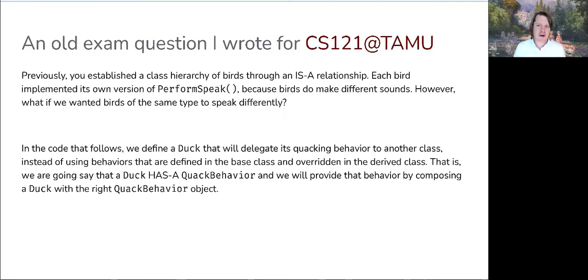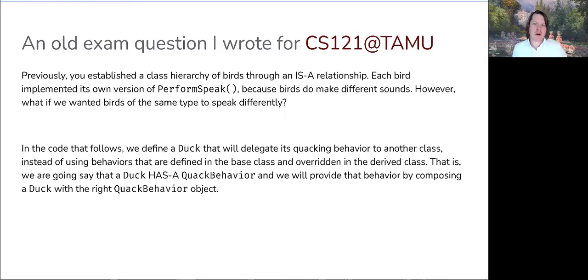So in the code that follows, and I'll share this with you, we define a duck that delegates its quacking behavior to another class instead of using behaviors that are defined in the base class and overridden in the derived class. So what we're going to see here is a particular duck is going to own a quacking behavior, which will dictate how that particular duck speaks.